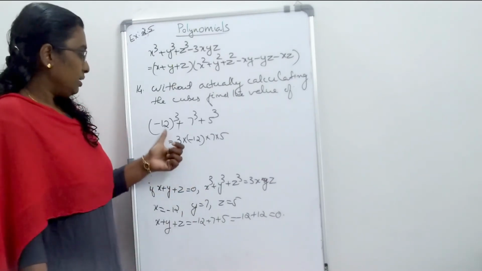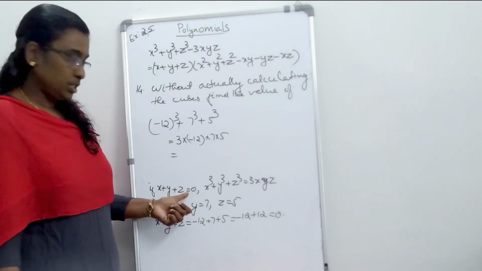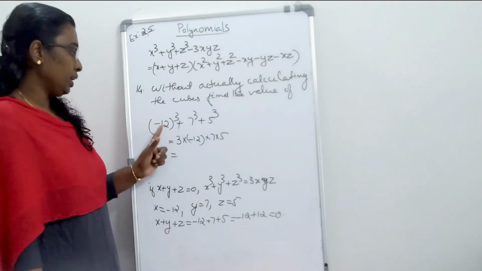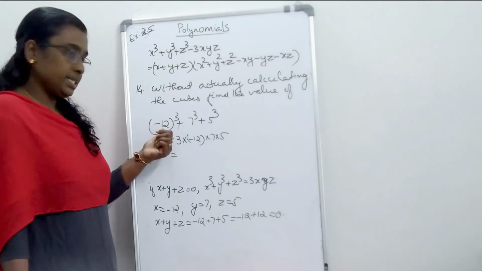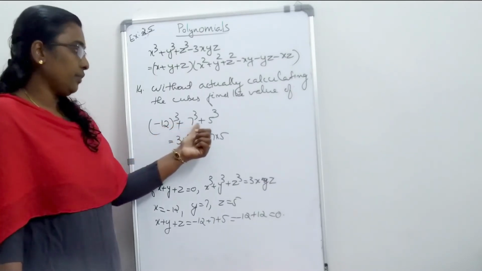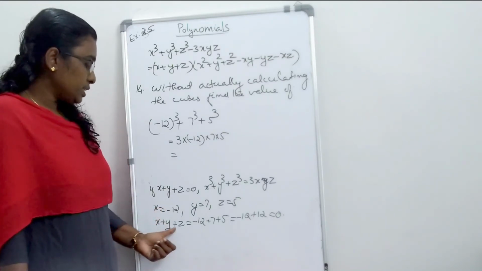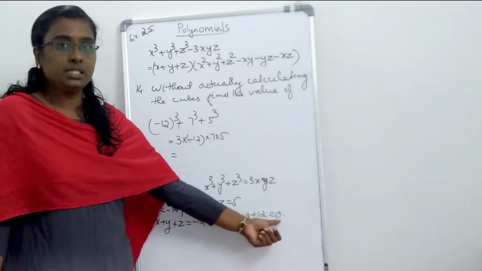We studied in the previous question if x plus y plus z equals 0. Here we take x as minus 12, y as 7 and z as 5. If we calculate x plus y plus z, we get 0.